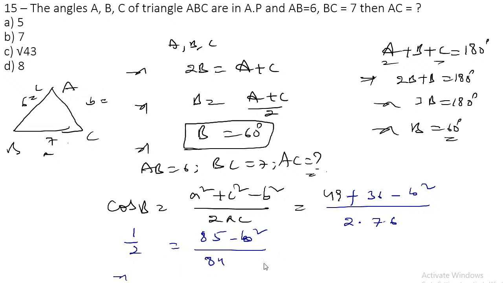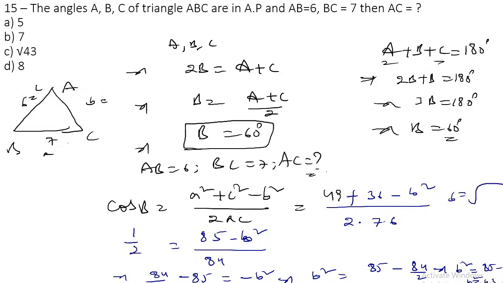This implies 84 by 2 minus 85 is equal to minus b square. This implies b square is equal to 85 minus 42. So b square is equal to 43. So b is equal to root of 43. So option C is the correct answer.